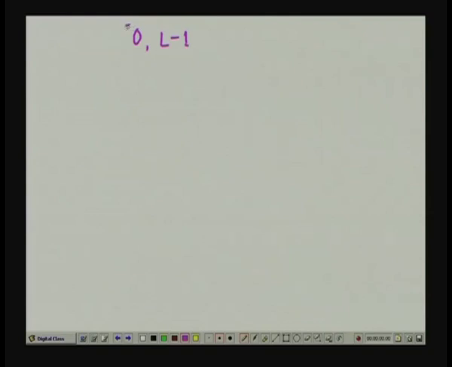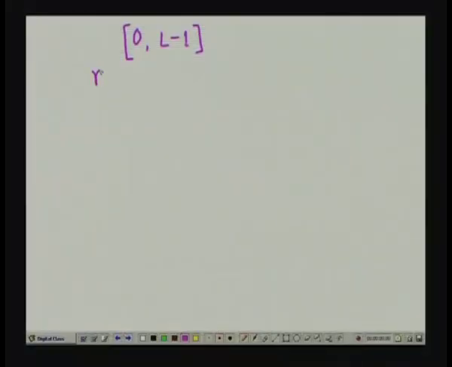So, the digital images that we are talking about will have L discrete intensity levels, represented in the range 0 to L minus 1, and a variable r k represents the kth intensity level.